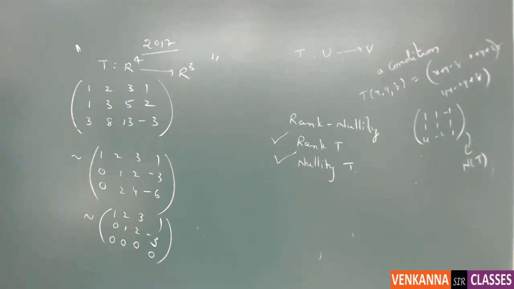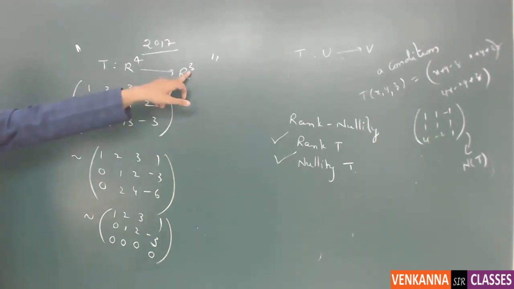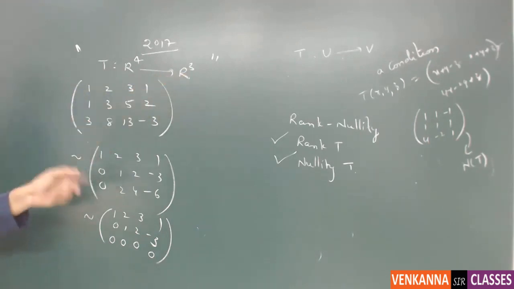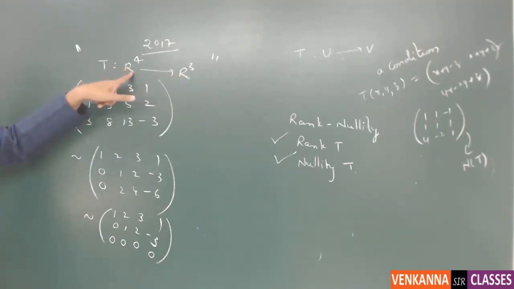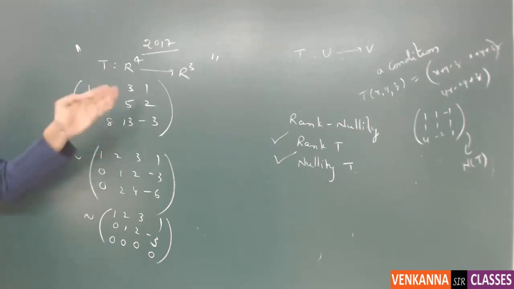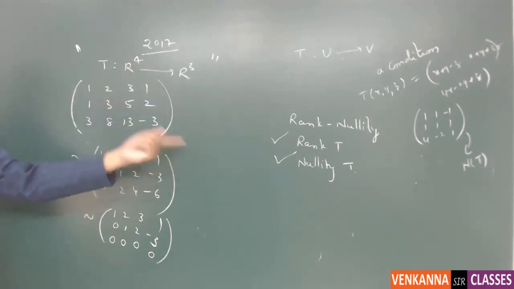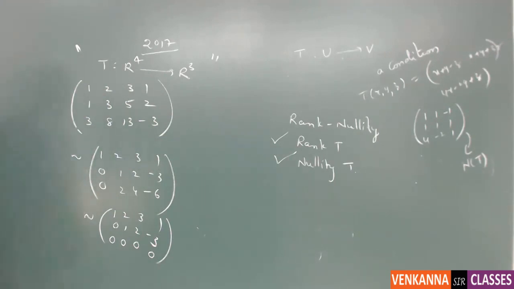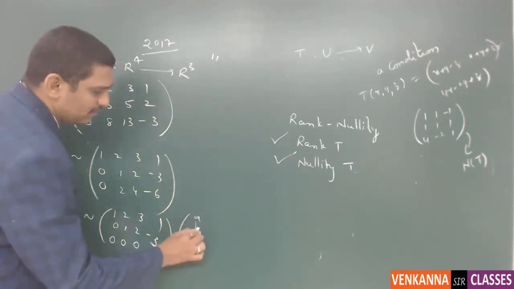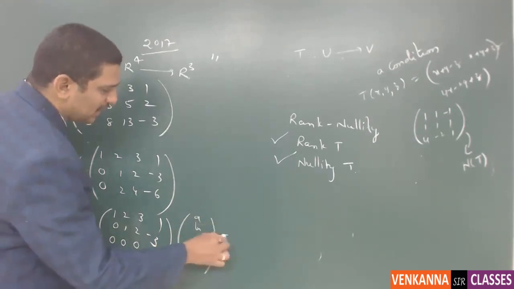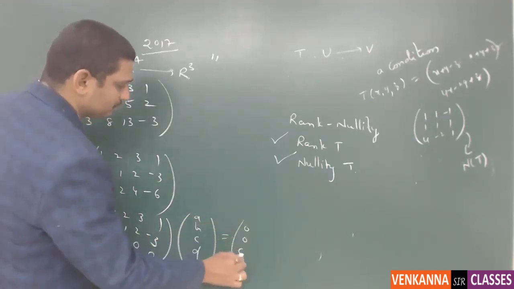Whenever a matrix is associated with the transformation, codomain dimension is the number of rows, and domain dimension is the number of columns. So while solving the system of equations, we take the number of variables equal to the number of columns. So if you take the variables as A, B, C, D, this is the corresponding homogeneous system.